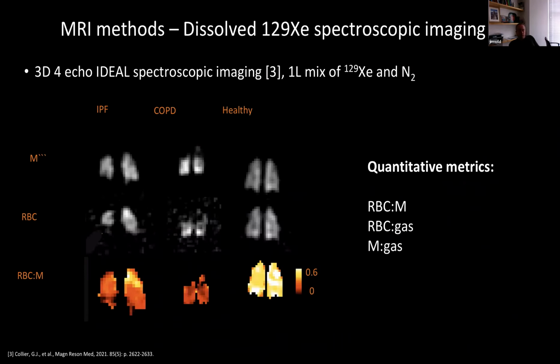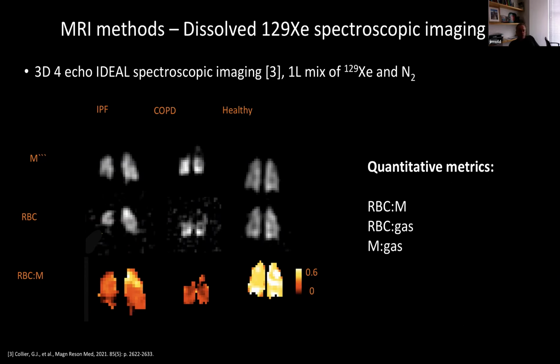So this is the methodology. I mentioned the dissolve phase imaging. Here we're mapping the different compartments of the lung: the membrane, the tissue, and the red blood cell signal, and then we express them as ratios, the ratio of red blood cell to membrane or tissue. They're interchangeable, tissue and membrane. What we see here in healthy normals is that the ratio is high, so you've got good gas transfer, and the xenon dissolved in the red blood cell compartment is high.